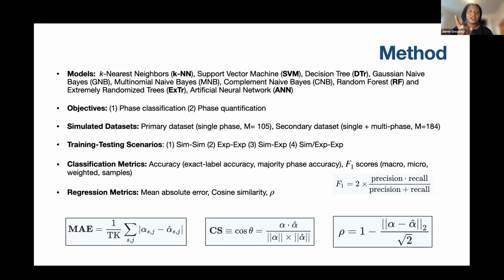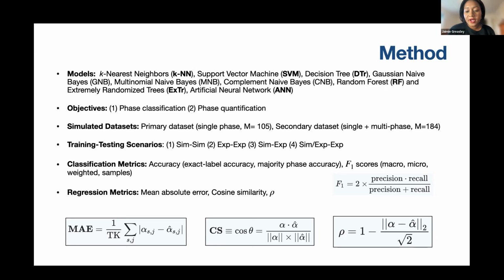If you imagine the phase fractions being embedded in some kind of vector space, and the vectors are pointing in a similar direction or have similar gradients, implying that the relative phase fractions are more or less good.